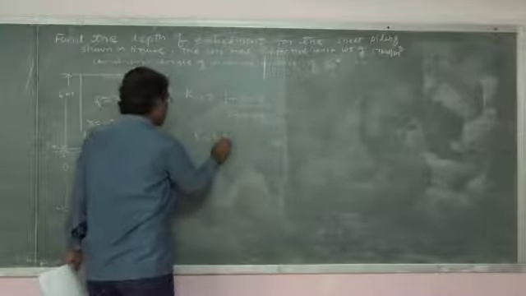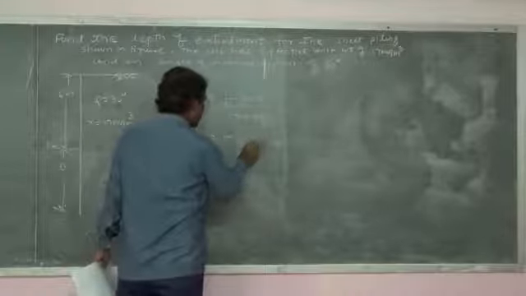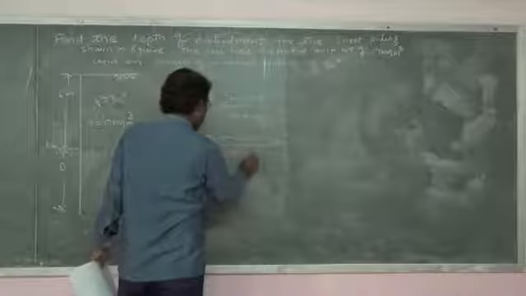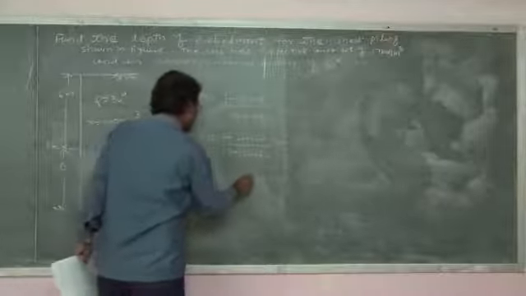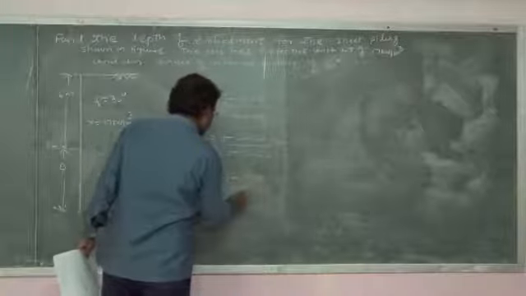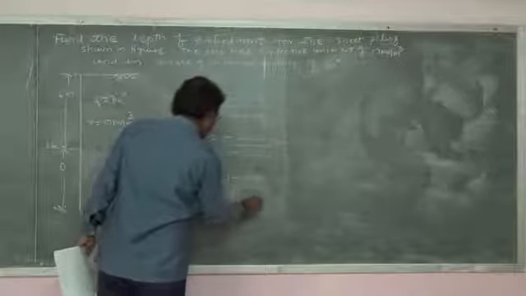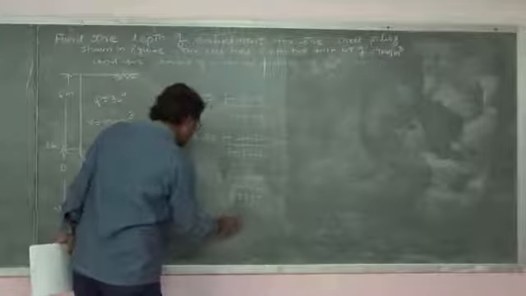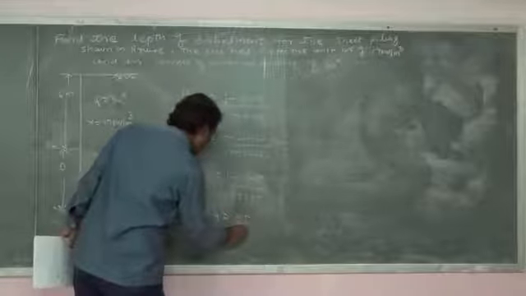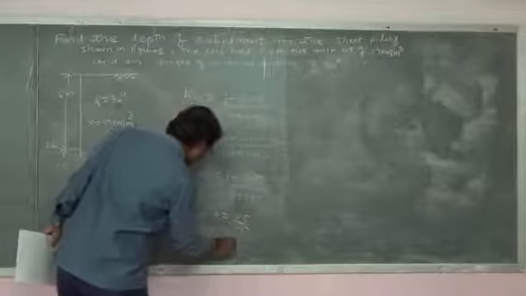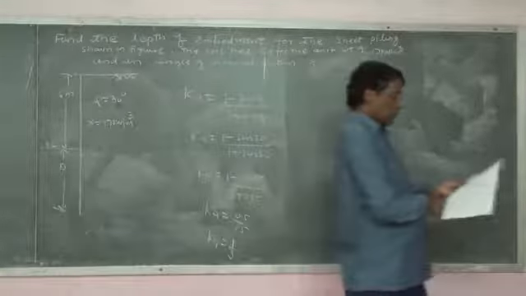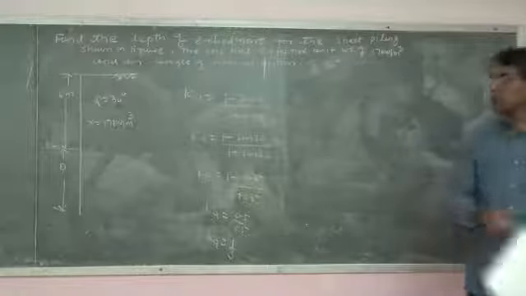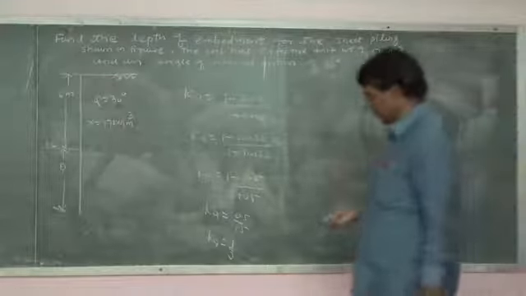Therefore Ka is equal to 1 minus sine 30 divided by 1 plus sine 30. 1 minus sine 30 is 0.5, and 1 plus 0.5 is 1.5. So you will get Ka is equal to 0.5 by 1.5, or Ka is equal to 1 by 3.